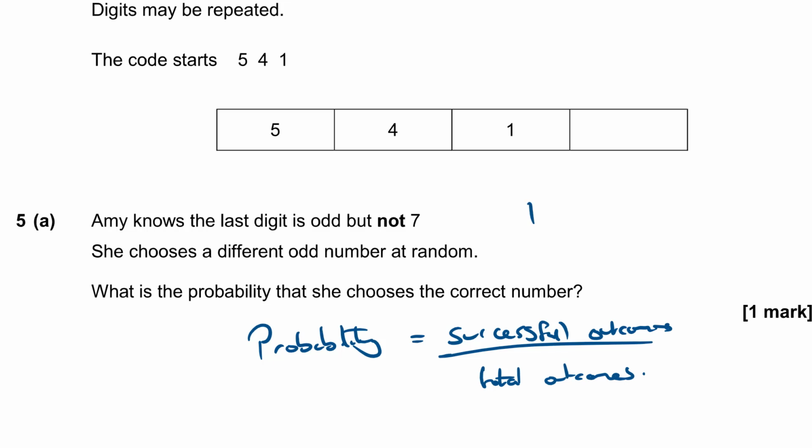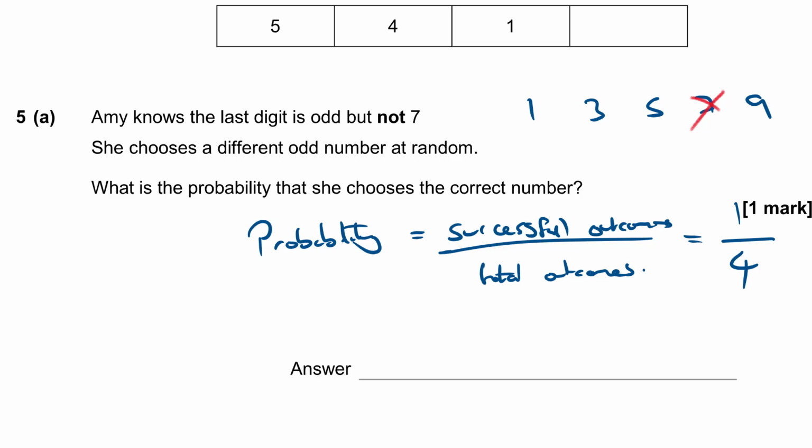The odd numbers are 1, 3, 5, 7, 9, but she already knows it's not a 7, so she's not going to randomly pick 7. She's going to randomly pick from 1, 3, 5, and 9. So she's got 4 possible outcomes, only one of which is going to unlock the door. So her probability of success is 1 out of 4. 1/4.